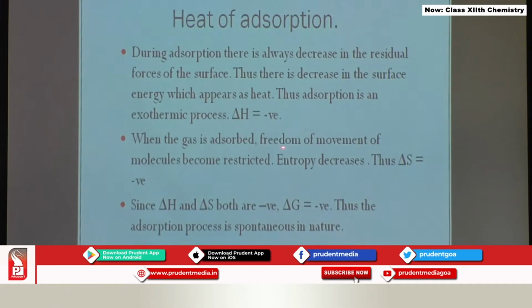When the gas is adsorbed, what is happening to the freedom of particles? Freedom of particles is also reduced, and therefore entropy value decreases. Delta S becomes negative, and since delta H is negative and delta S is negative, delta G, that is Gibbs free energy change, also is negative. That means adsorption is a spontaneous process.